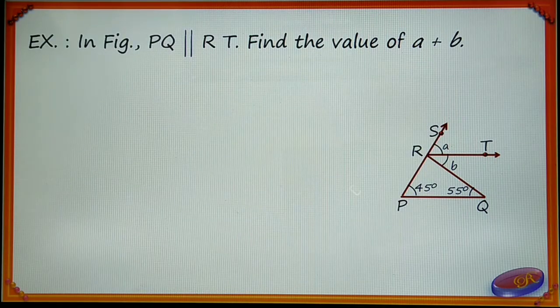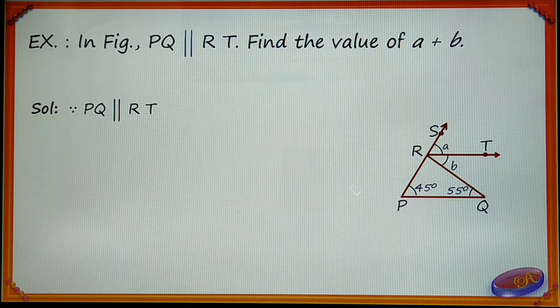Example, in figure, PQ is parallel to RT. Find the value of A plus B. Solution. Since PQ is parallel to RT, therefore angle SRT is equal to angle P because they are corresponding angles. Therefore, A is equal to 45 degree.